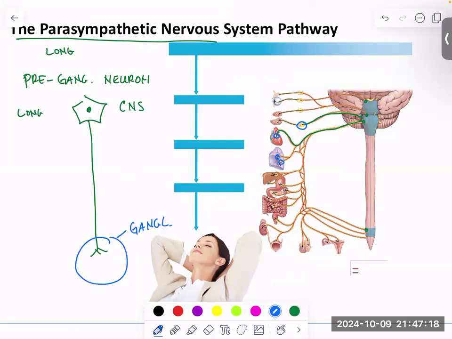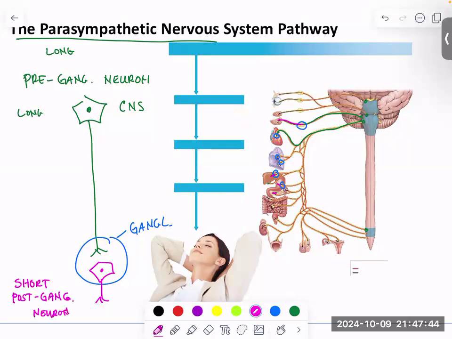The ganglia are in blue. And then it has an itty bitty postganglionic neuron. Some of them are really short, some of them are a little longer, but it has a short postganglionic neuron.